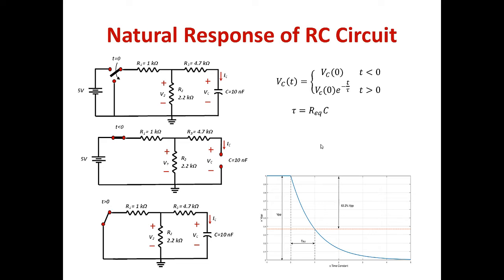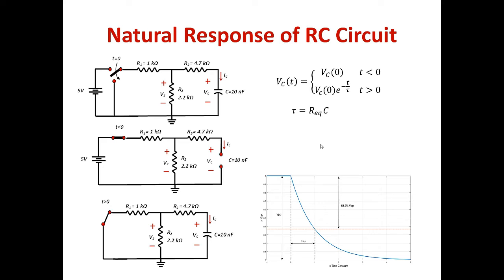So R equivalent for the circuit was found to be 5.39 kilo ohms, and tau is found to be 53.87 microseconds. So to simulate the circuit, I would basically need to use the pulse width of the rectangular pulse to be around 5 times tau.